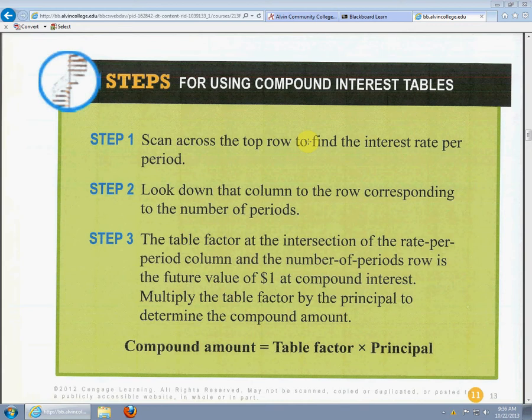The same thing, if you divide 1 by this 1.00500, you're going to get the first factor on page 358. So they're reciprocals of each other.